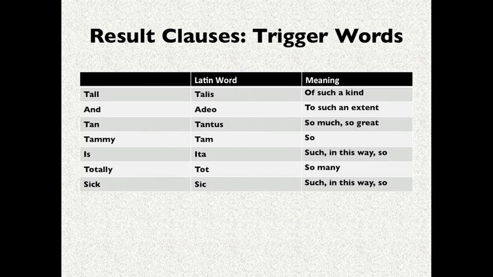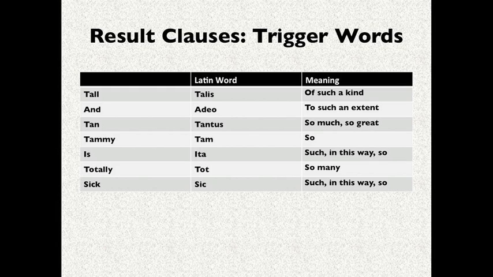And here are your trigger words, that is, the most commonly used words to set off a result clause. So we have talis, adeo, tantus, tam, ita, tot, and sic. I've given you a handy little mnemonic to help you remember these words. Tal and Tammy is totally sick.